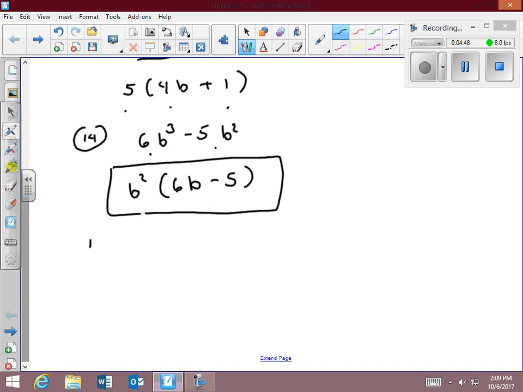Now look at 16. 3y to the fourth minus 9y. Now I'm going to prime factor that 9. 9 is 3 squared. So what is common to those two terms? What's common to those two factors? There's a 3, right, and a y. So what's left after you take a 3 and a y out of there?